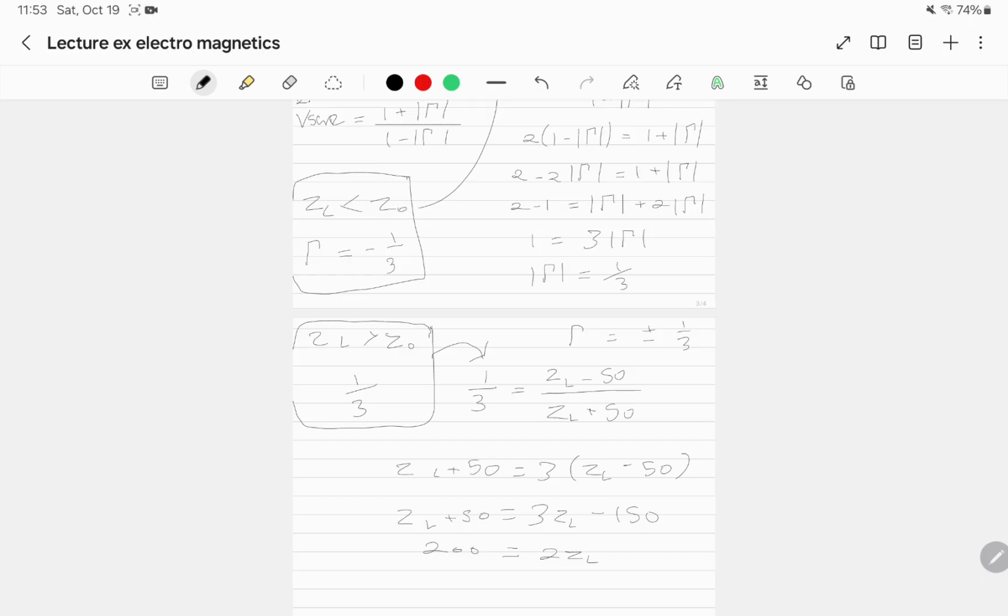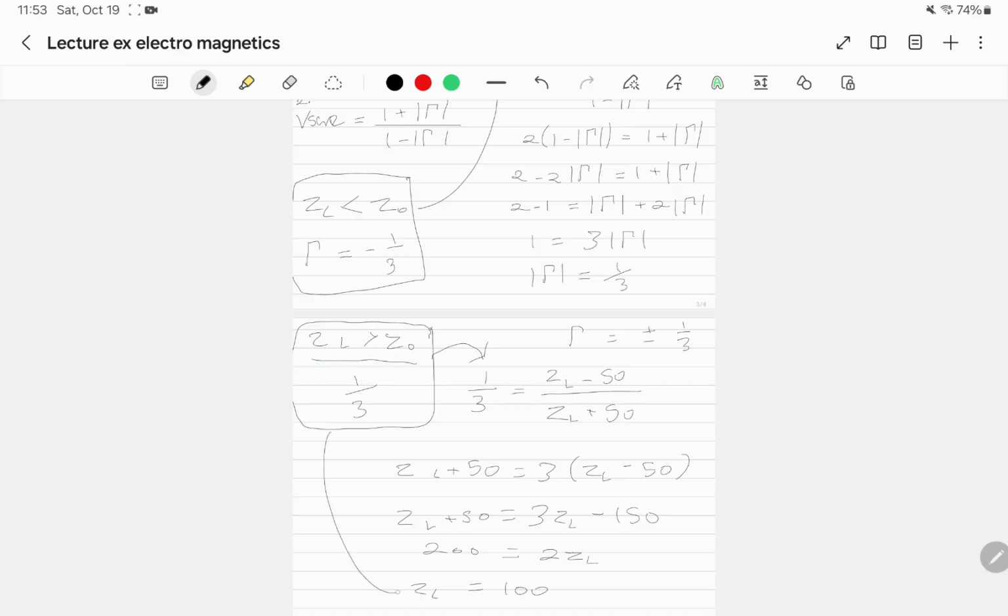Just moving some stuff around, ZL will end up being 100 for ZL greater than Z0.